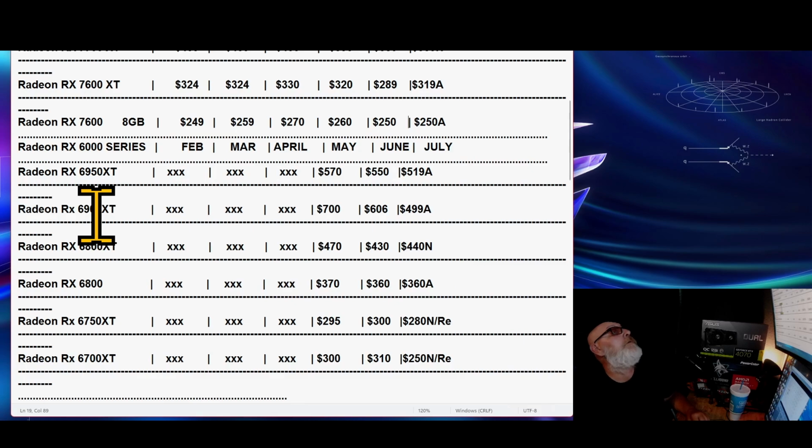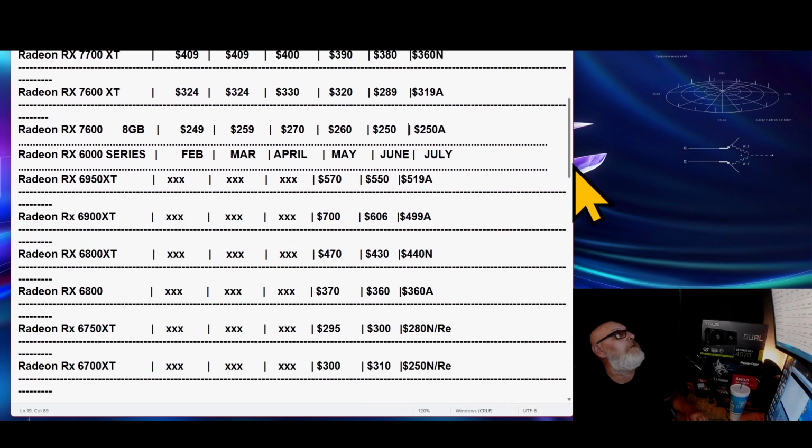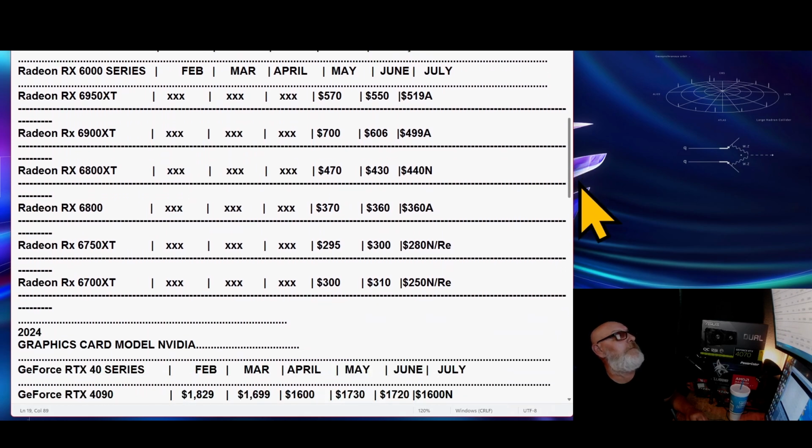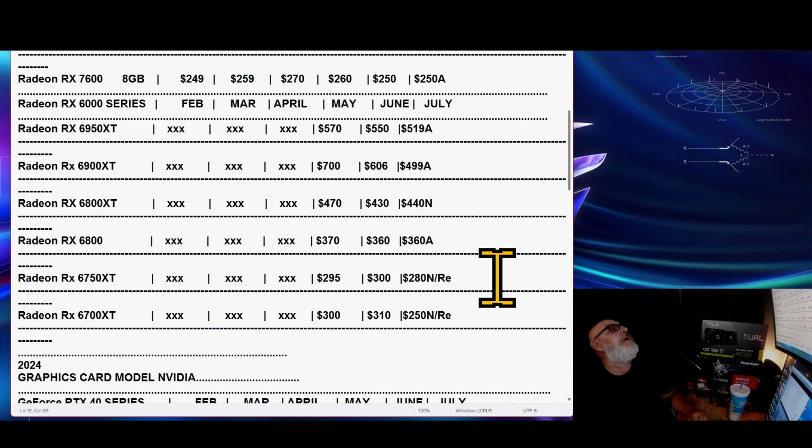Okay, now 6000 series. Let's get this all set up for the next. Okay, 6000 series. I know I didn't do February, March, or April, but I did do May. So we got May, June, and July.